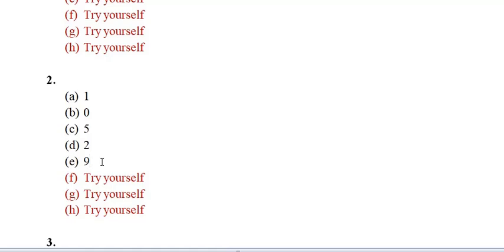Now let us move on to polynomials. So what are polynomials? Polynomials are algebraic expressions in which there are at least 2 terms, so the minimum number of terms should be 2.